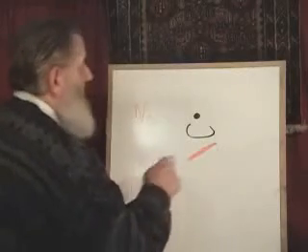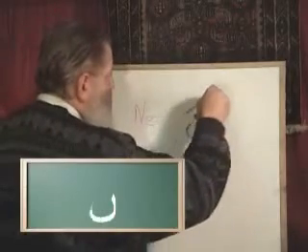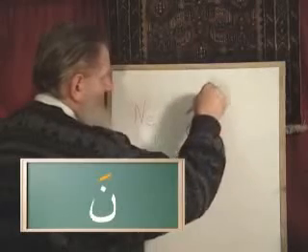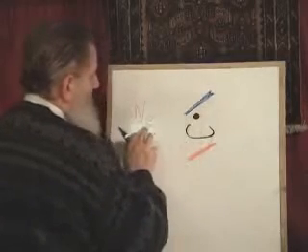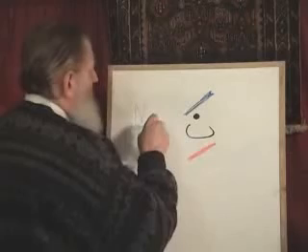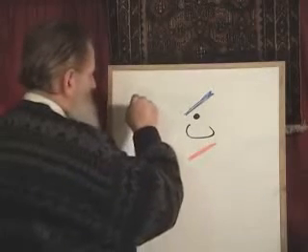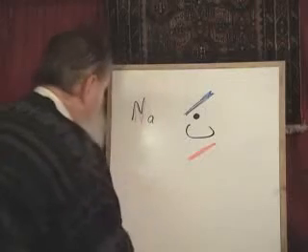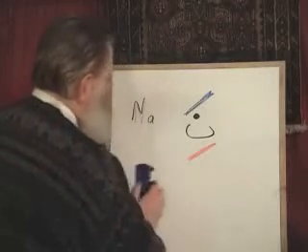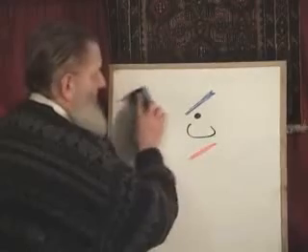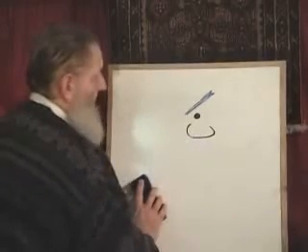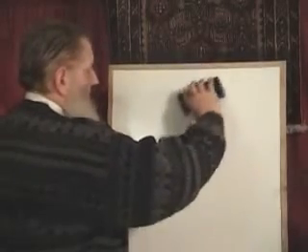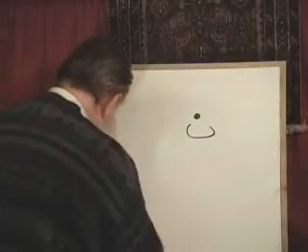If we had a fatha over the top, like this, then instead of the E, this would be na. Na. Fatha makes the sound of A, and kesra makes the sound of E. Na. Okay. Now that was pretty easy.